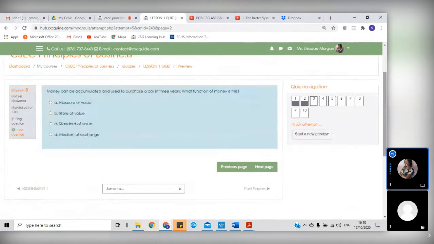Money can be accumulated and used to purchase a car in 3 years. What function of money is this? Is it a measure of value, store of value, standard of value, or medium of exchange?